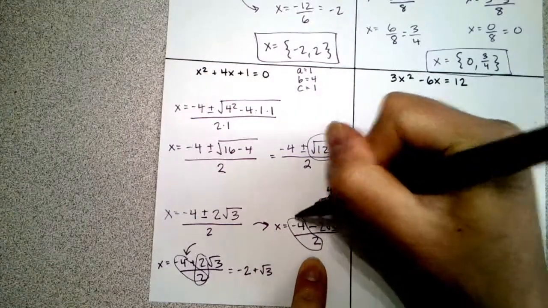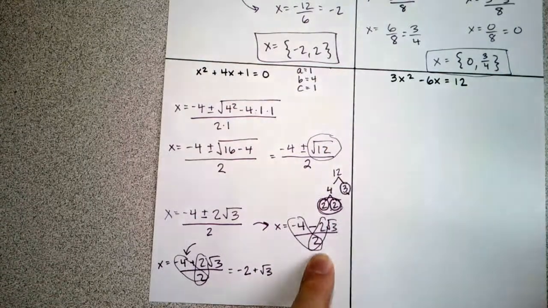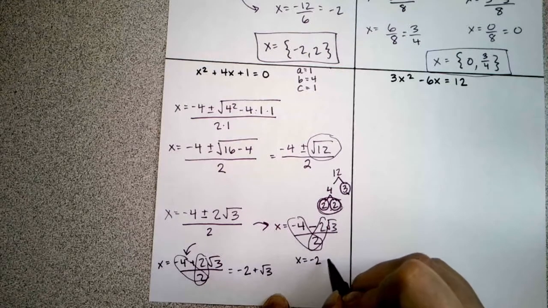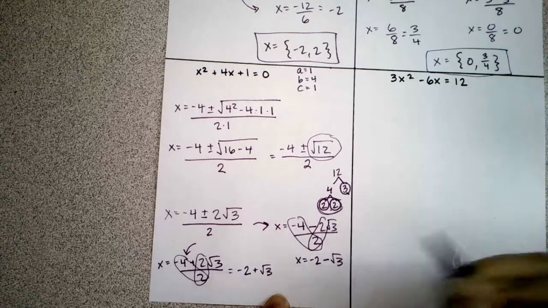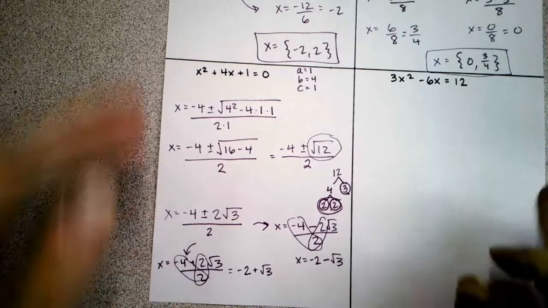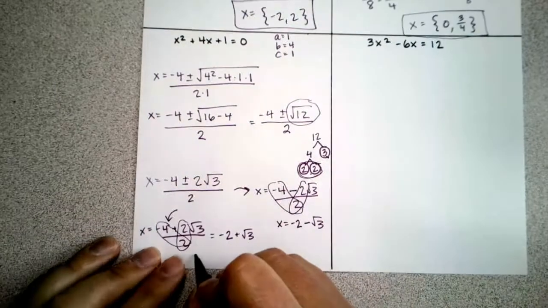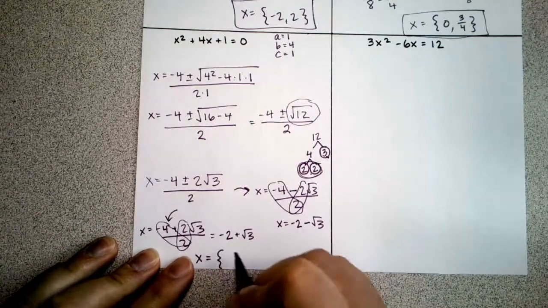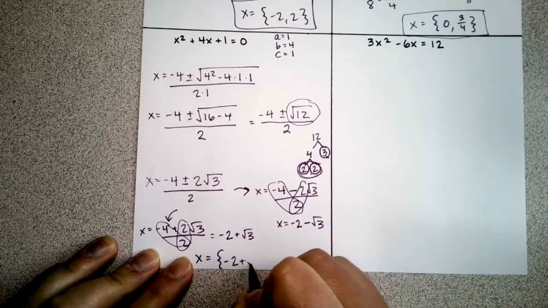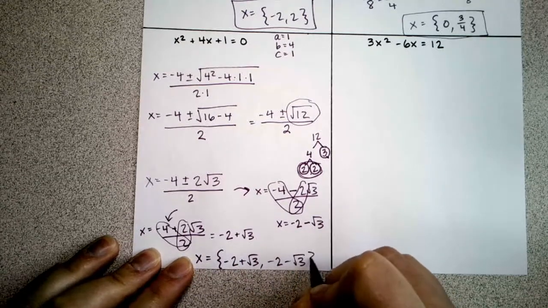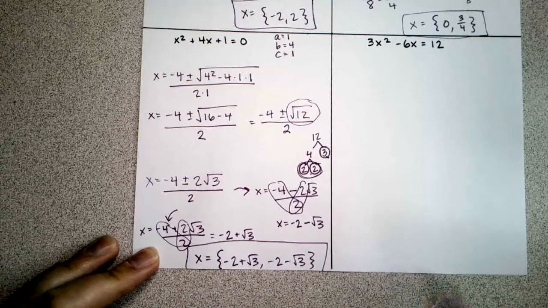And same thing here, divide each term by 2. We get -2 minus the square root of 3. So then our two answers are x equals -2 plus the square root of 3 and -2 minus the square root of 3. There's our two solutions.